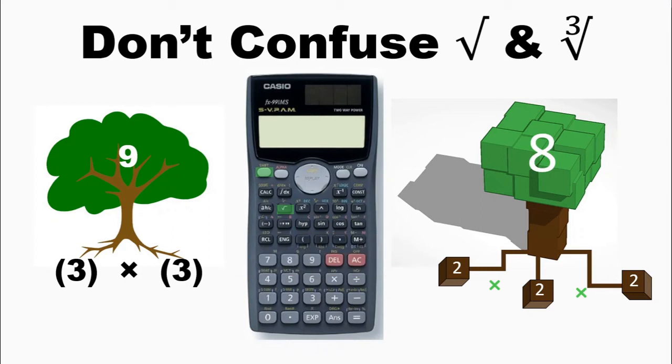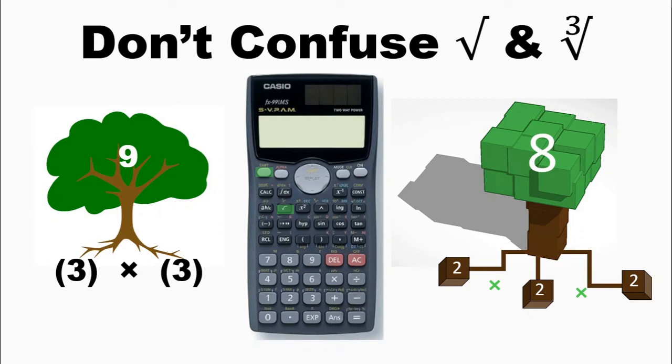If you're not familiar with your calculator, I suggest you get familiar with your calculator and always try it out with numbers that you know the answer to. We know that the square root of 9 is 3. So try using your square root button, do square root of 9 and see if you get the answer 3. You should also know that the cube root of 8 is 2.